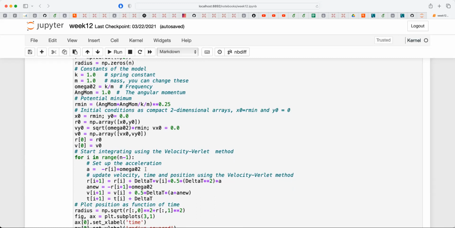So just keep that in mind. Because the effective potential with this centrifugal force, that pops up only when you make the transformation to polar coordinates or to spherical coordinates. But just keep that in mind, because it's easy to make an error, because now we depend only on x and y. So r, which you see here, is just x squared plus y squared and square root of that.